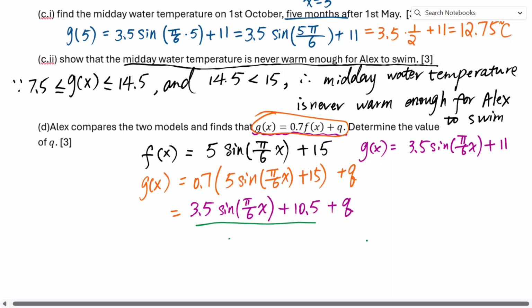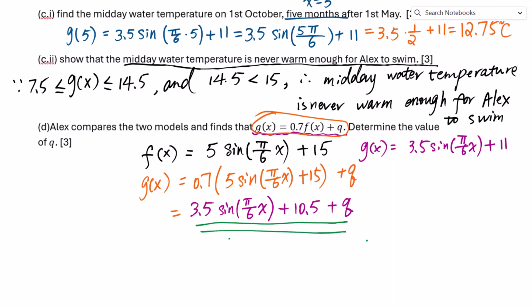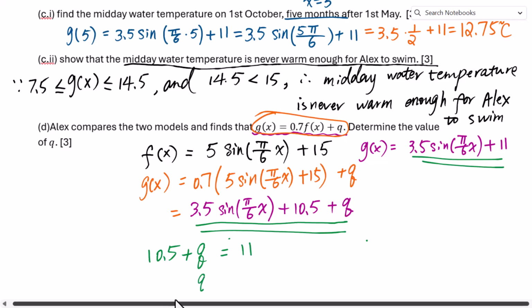Now let's compare these two functions. We set up 10.5 + q = 11. So q = 0.5.